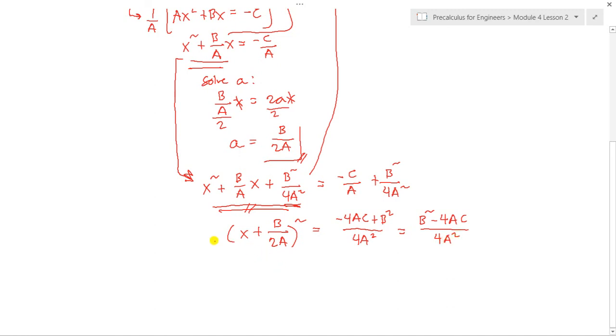Then take the square root on both sides. The square root cancels out the exponent and the index. So what's left is x plus b all over 2a, which is equal to the square root of b squared minus 4ac all over the square root of 4a squared.